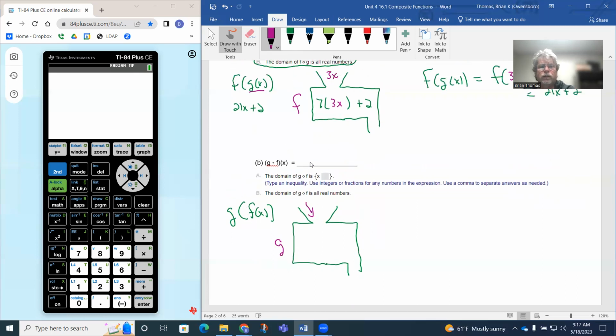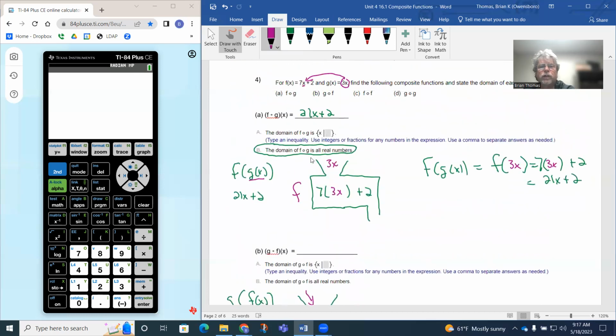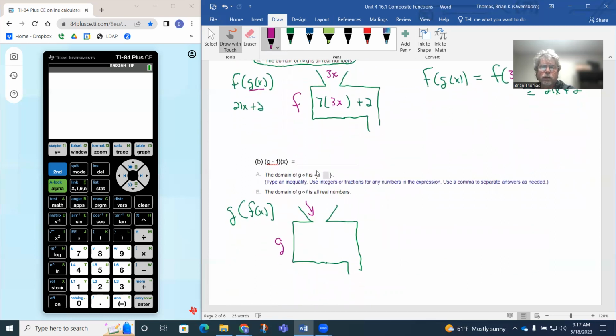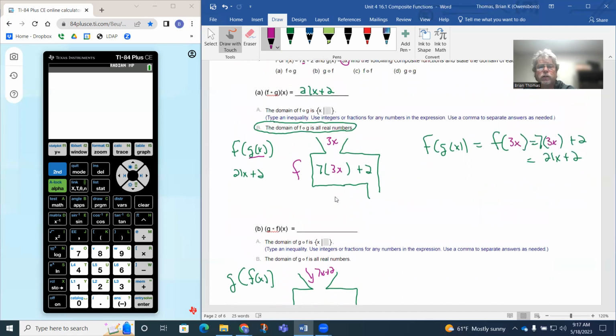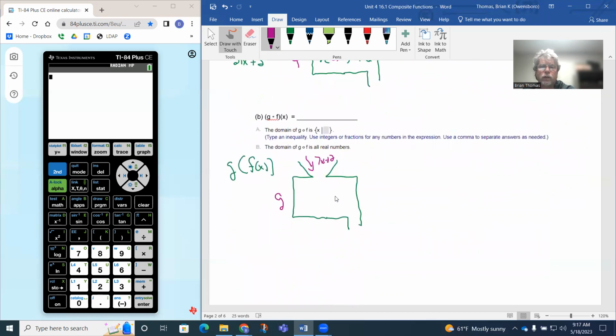That f of x was 7x plus 2. So that 7x plus 2 is going to drop into the g function, which was this 3x. So we have this 3 times, and then we're going to replace x with the 7x plus 2.